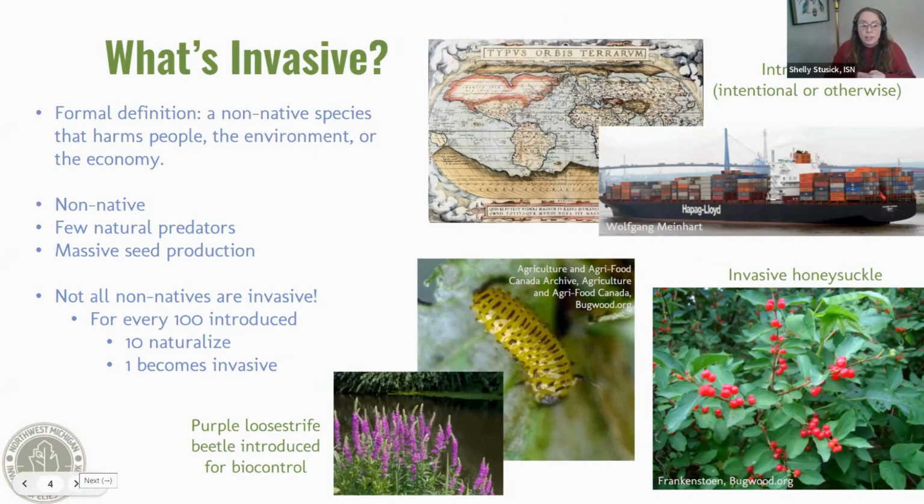And so most non-native introduced species are totally harmless, in fact, can be beneficial for not only our economy, like our agriculture and things like that. But so it's not everything that you bring over that's non-native is invasive, but all invasives are non-native by definition. Next slide.